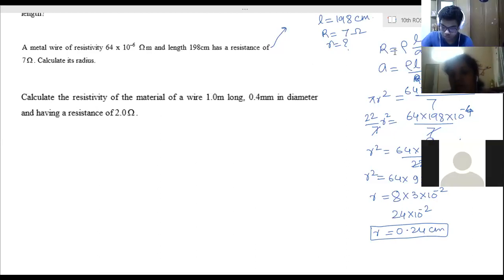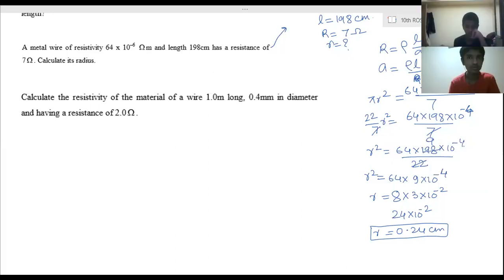Ma'am, I'm calculating, just 1 minute. Nishan? Ma'am, I'm getting it as around 2.2. No. Rishi, did you get the answer? Someone tell the answer.